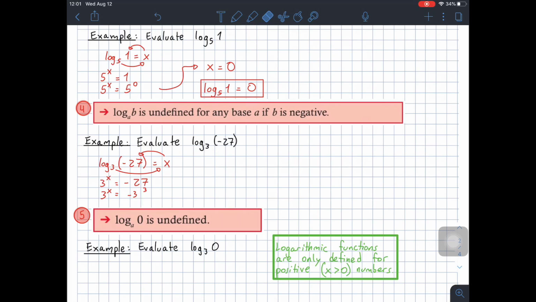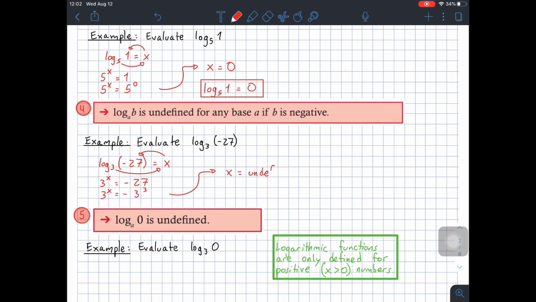I'm just going to leave it as minus 3 cubed. You see that? I cannot equate the base. There's no way, because on one side I got positive 3, and on the other side I got negative 3. So there's no way I can equate this. That means that the value of x is undefined.